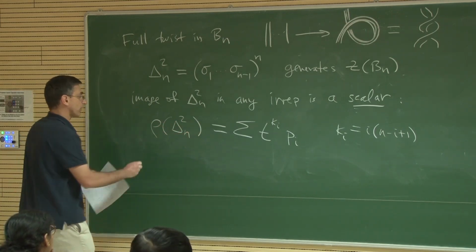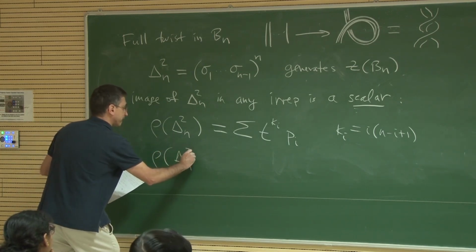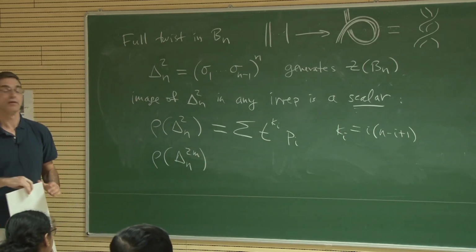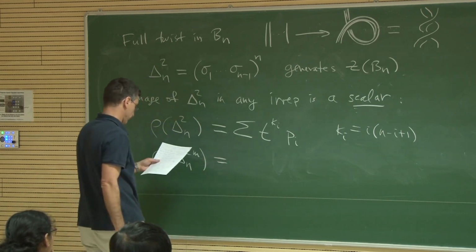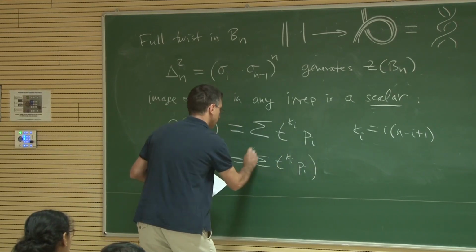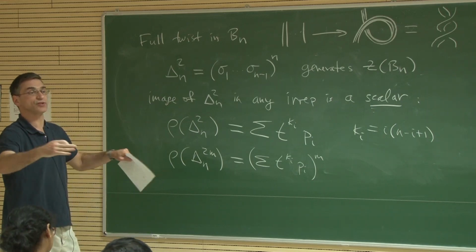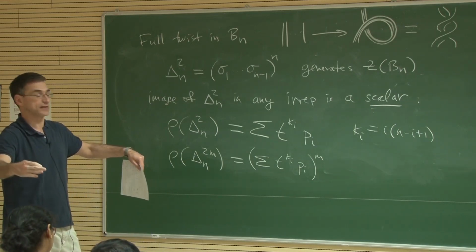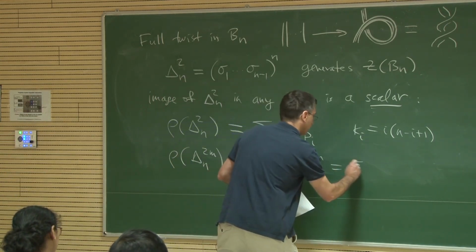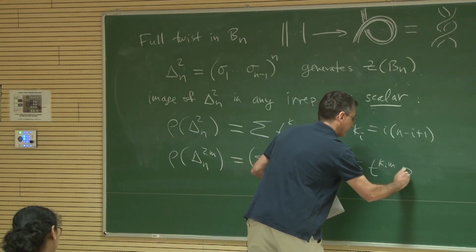So what do you get then? If I take m full twists, do m full twists, then we're going to play with idempotents. This becomes the sum over t to the ki pi to the mth power. And then we expand this using the way that my students in my algebra classes expand. They just forget about all the cross terms. And so what you get is t to the ki times m pi.